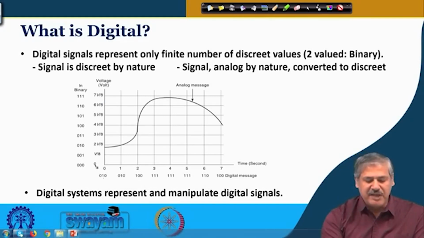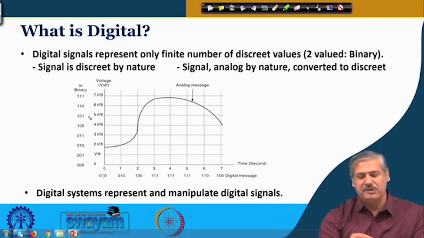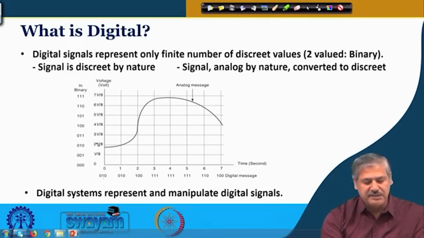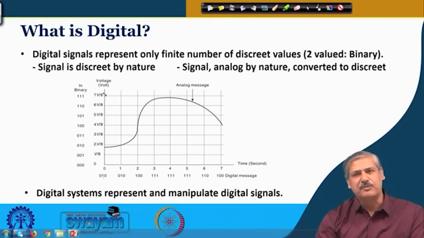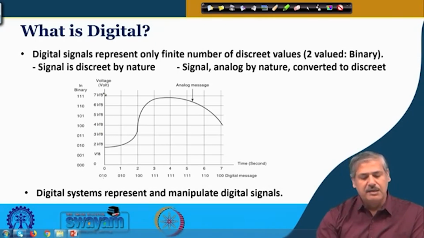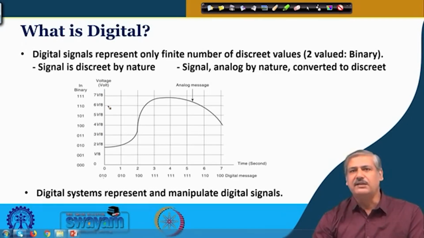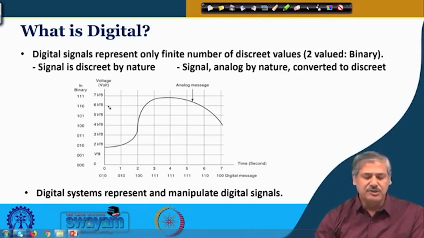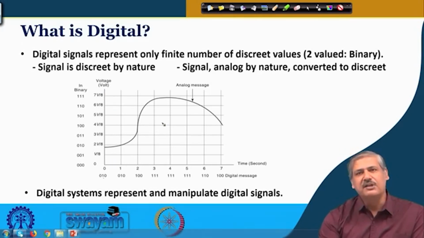If the whole thing is normalized to a specific 1 volt, then this is V by 8, 2 V by 8, 3 V by 8, and so on up to 7 V by 8. How many discrete levels are there? You can count, it is 8 levels. So, the analog signal when converted to a discrete signal can take one of these 8 values only.